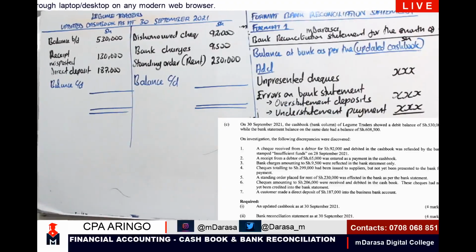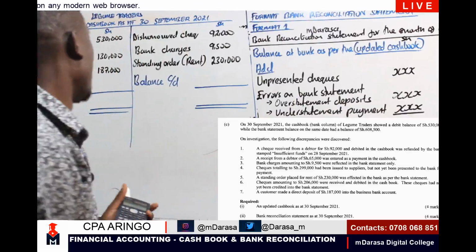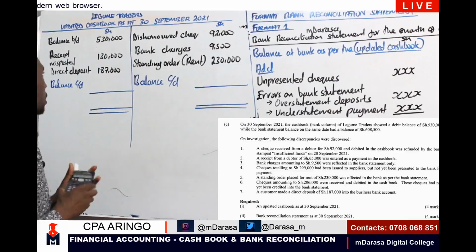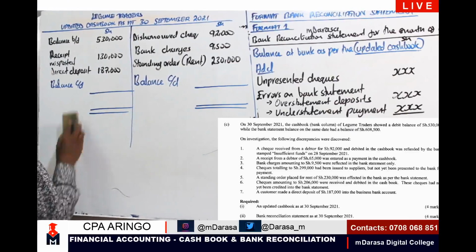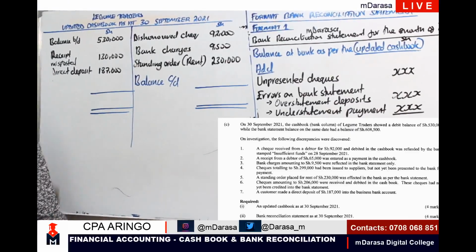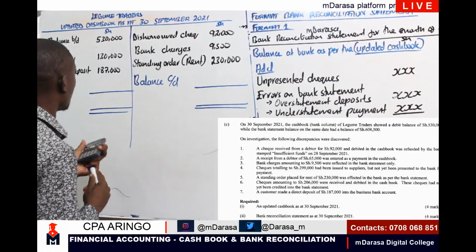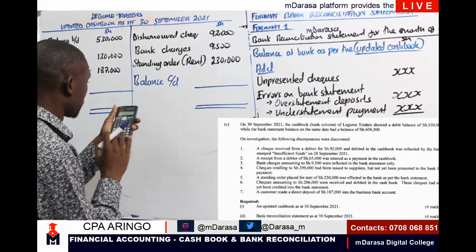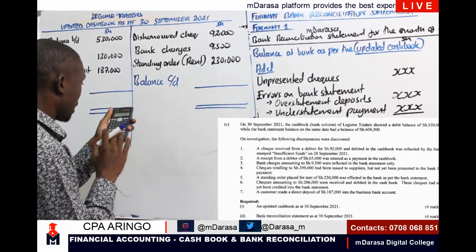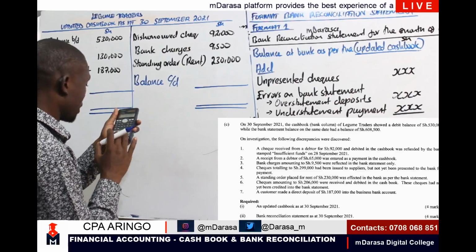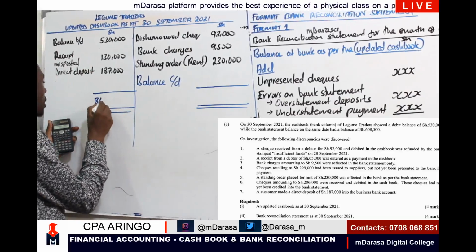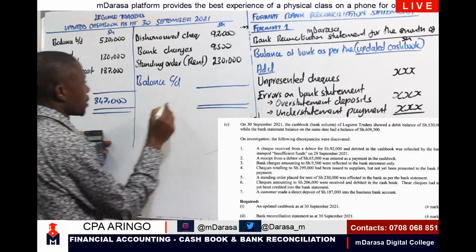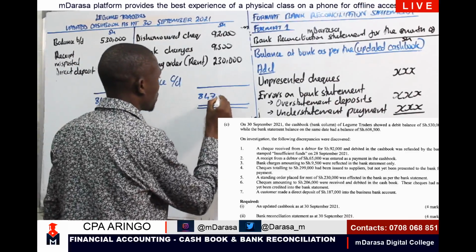I'll take my calculator, also you with your calculator, we start working it out. First of all, the larger figure I'm seeing is on this side. So our balance carried down will be on the credit side. So I'll be having 530,000 plus 130,000 plus 187,000 to give me a figure of 847,000.